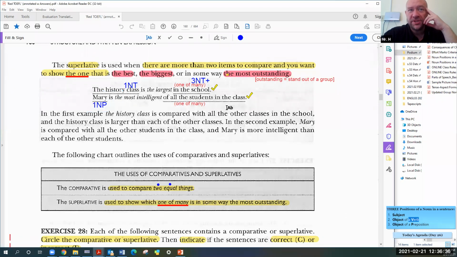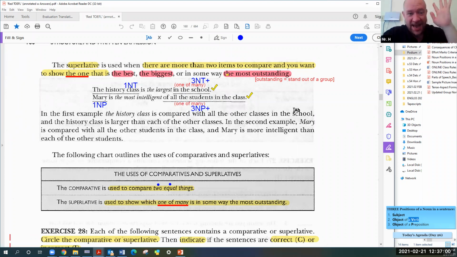Of all the students in the class, a group. One, two, or more. Minimum number is 3, right? Minimum number is 3. Do you understand? Many. Okay. All right.